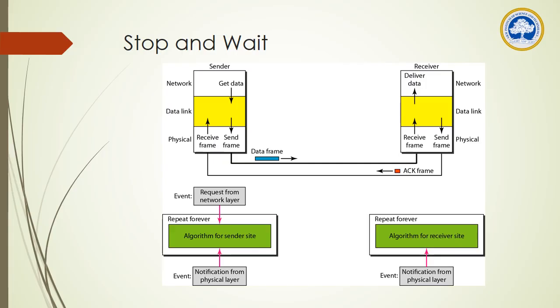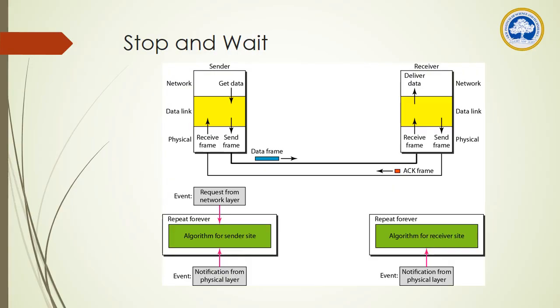In stop and wait protocol, the procedure of sending the frames from the sender to the receiver is done in this way. The sender sends a frame to the receiver and it waits for an acknowledgement from the receiver side.